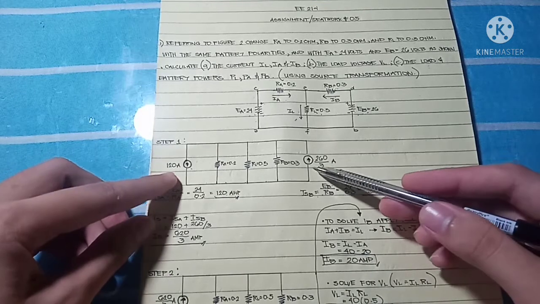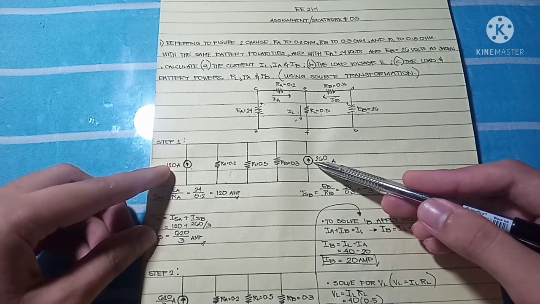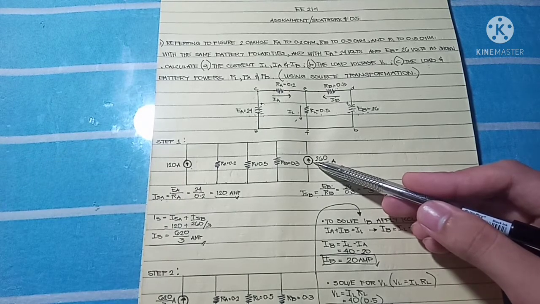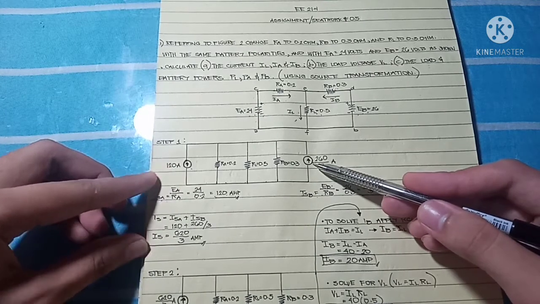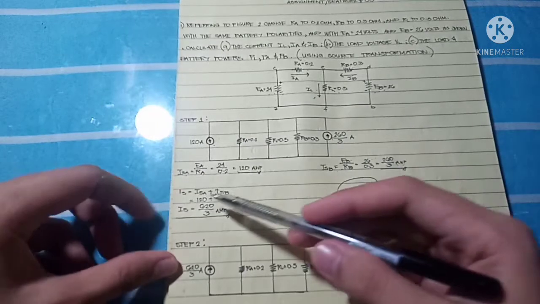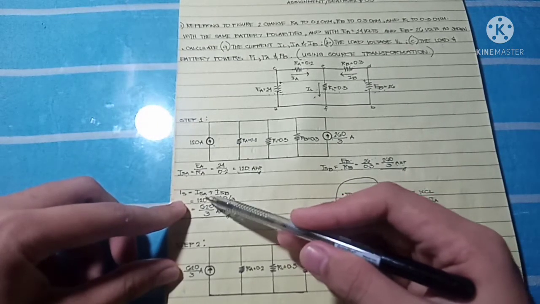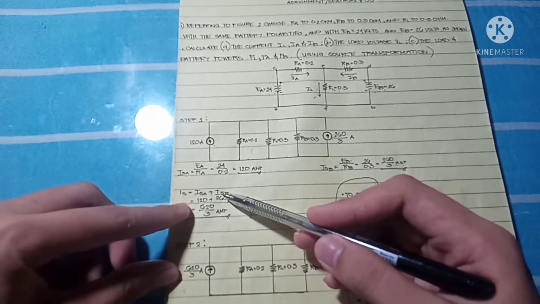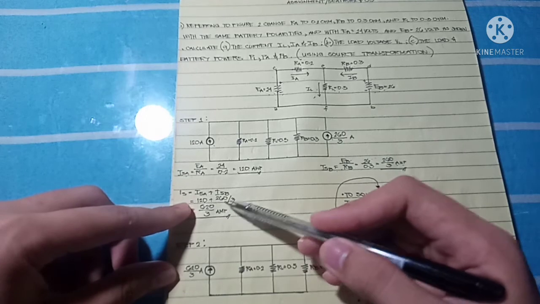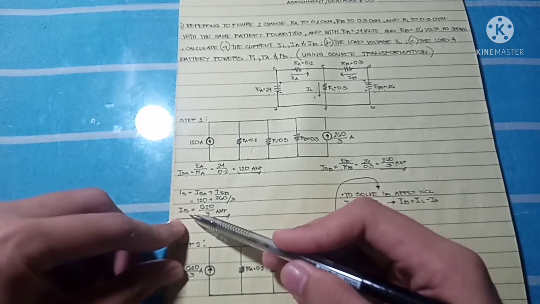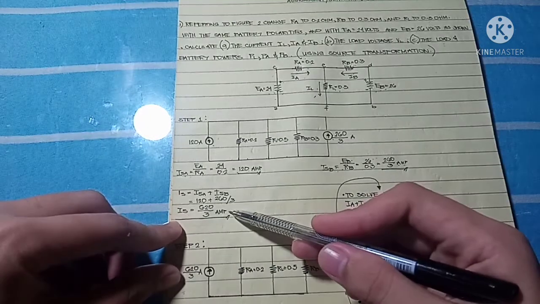Since they have the same polarities, we can add ISA and ISB. So current source IS is equal to ISA plus ISB. Substitute the values, 120 plus 260 over 3. Then IS is equal to 620 over 3 amps.